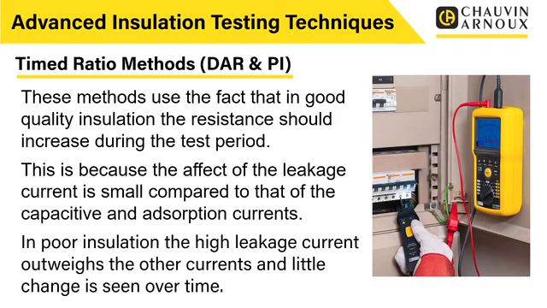So by actually carrying out this ratio test, we're using the fact that if we've got a small leakage current, then we should see a greater effect of the capacitive and absorption currents. Whereas if we've got a high leakage current, so in which case poor insulation, then we won't see much of a change over time.